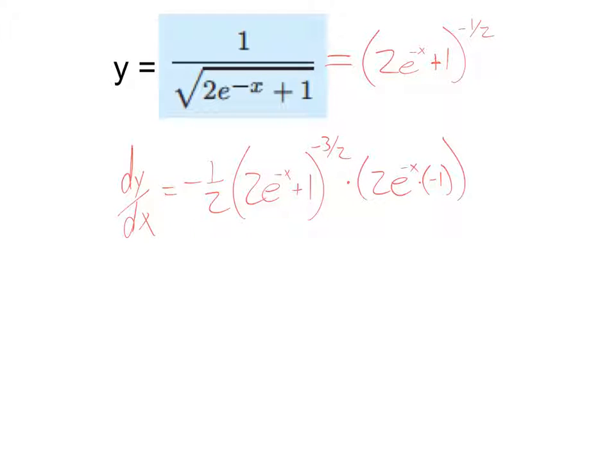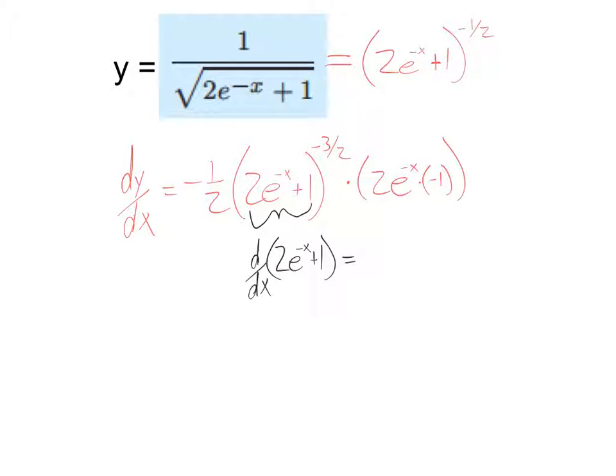Okay? We've got this that we have to take the derivative of, because that's the inner function, right? Well, the derivative of 2e to the negative x plus 1, we're trying to take the derivative of this inner function, but it has an inner function as well. Okay?